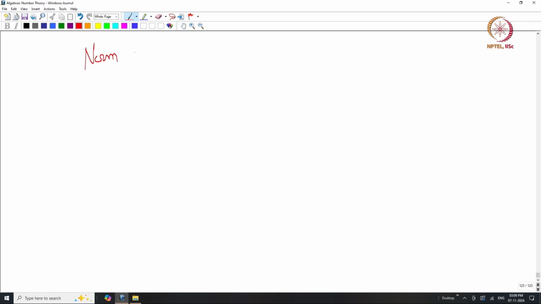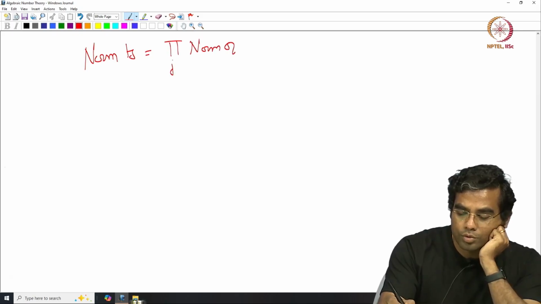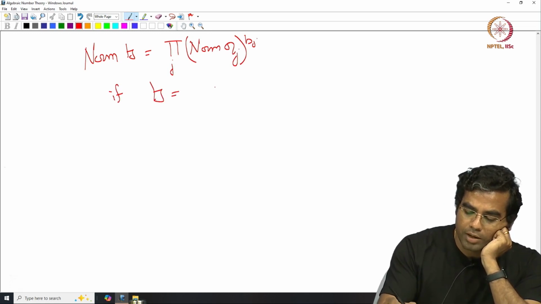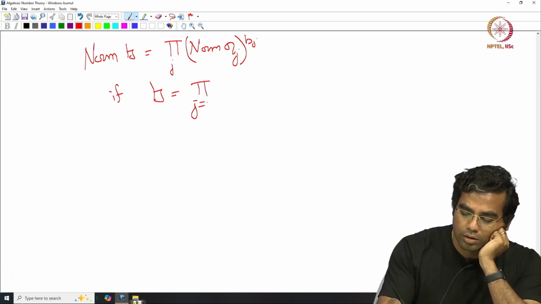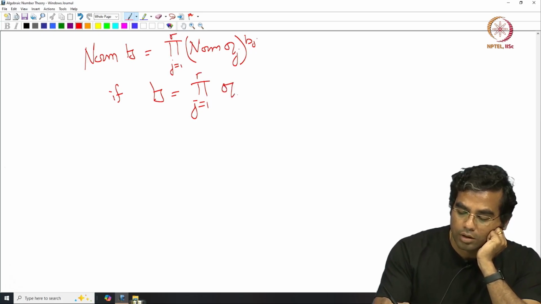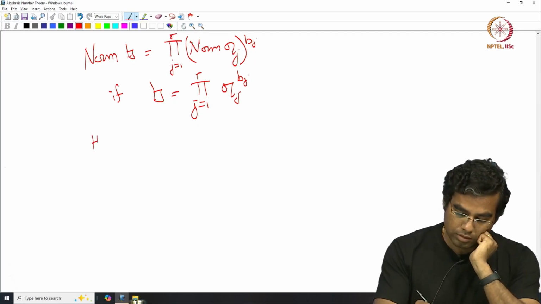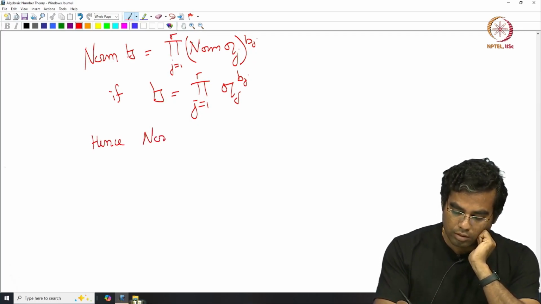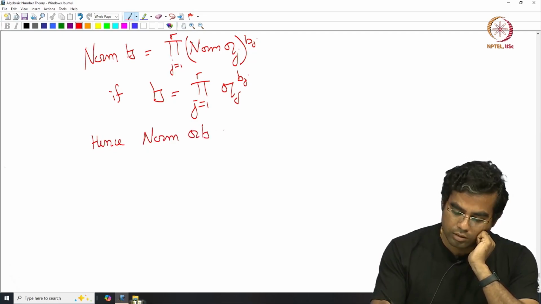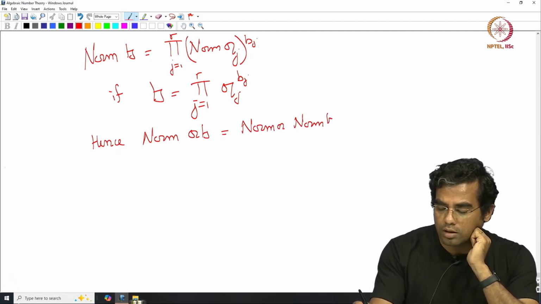So, the norm of B will be the product over j, norm of Qj to the Bj, if B has the prime factorization Qj to the Bj, j going from 1 to r, let us say, right, and hence the norm of AB is equal to the norm of A times the norm of B.